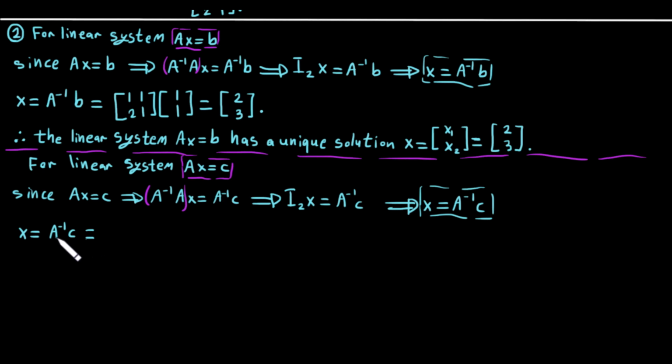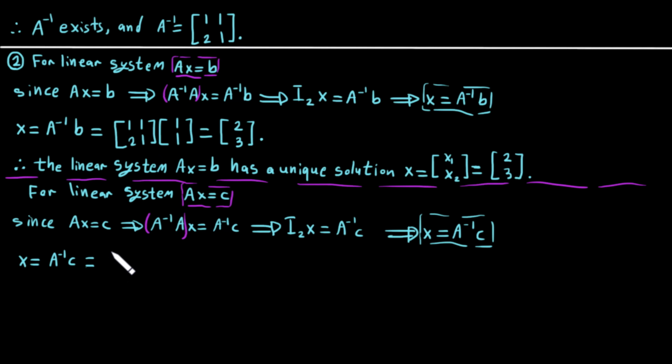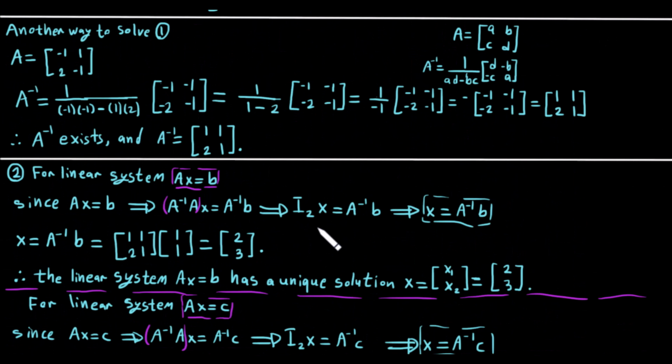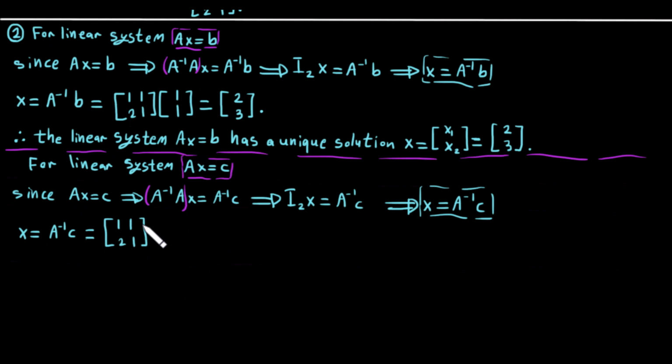And we know A inverse, which is the same as here: 1, 1, 2, 1, times 1, 1, 2, 1. Now I have to write C. Let's go up. C is 1, 2, 1, 2. Now let's multiply these two matrices.